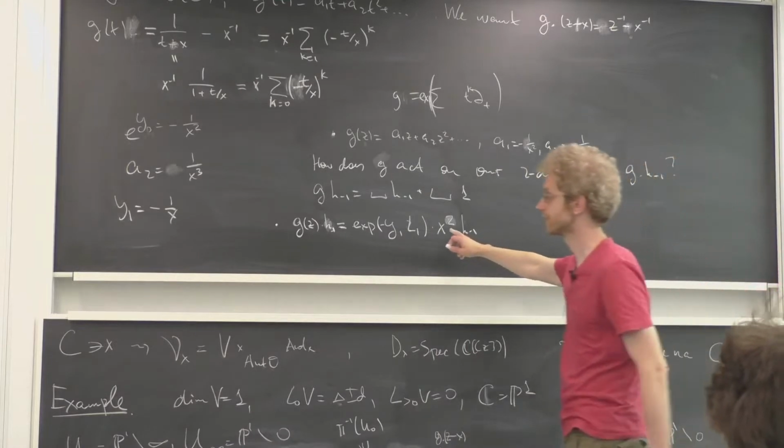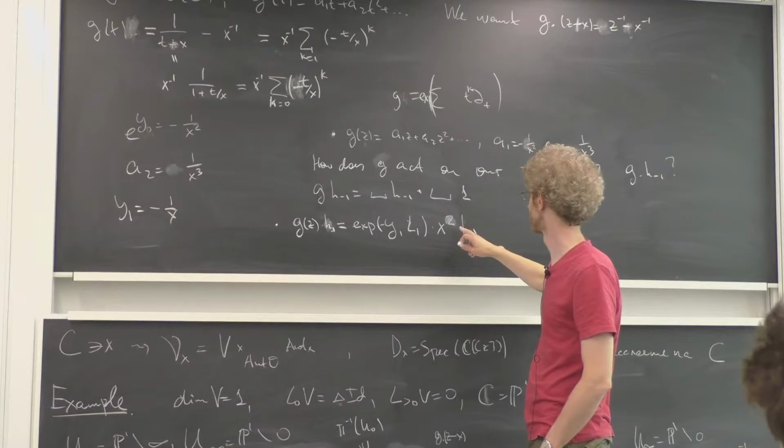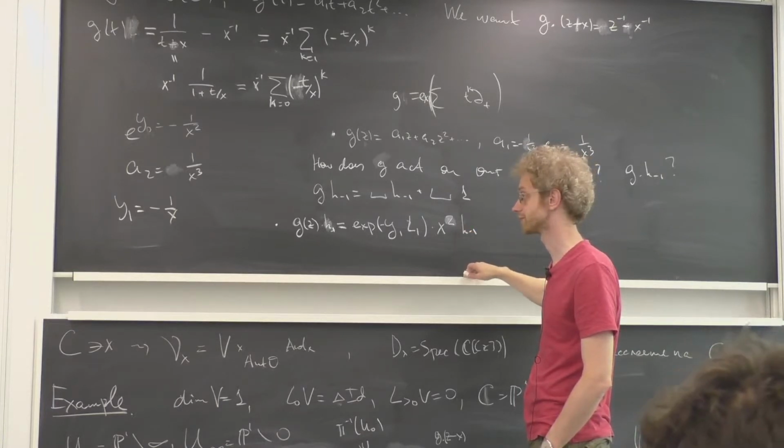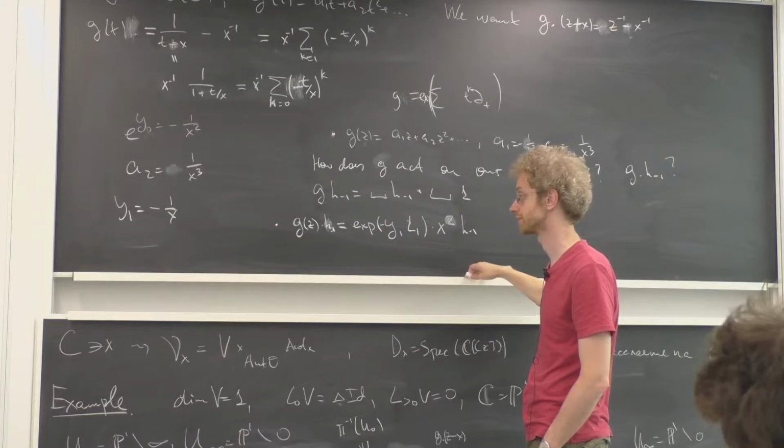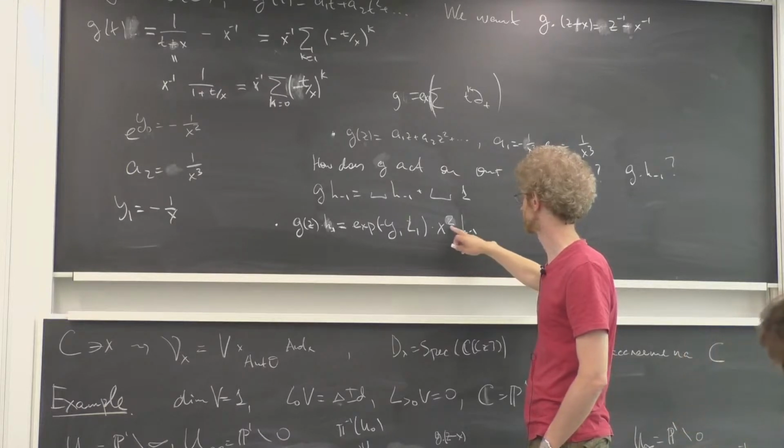Squared because L0 acts as what? Should it be 2 or minus 2?